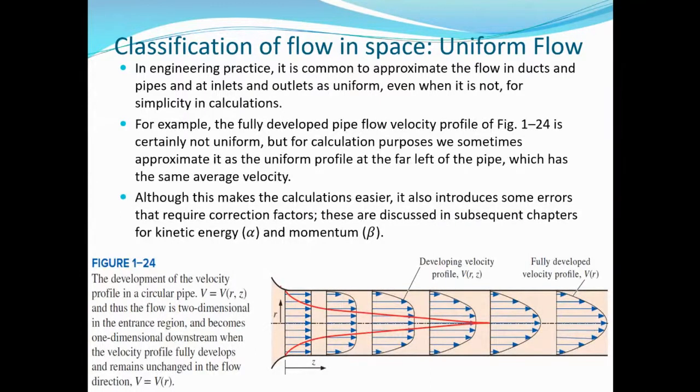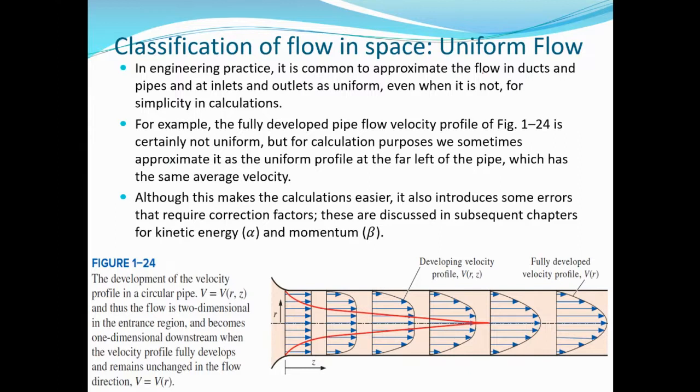You see at the inlet here, I analyzed this before, but I will explain again to understand exactly uniform flow. In this case at the inlet, the flow velocity, for example the fully developed pipe flow velocity profile, is certainly not uniform. For calculation purposes, sometimes we approximate it to make it uniform.